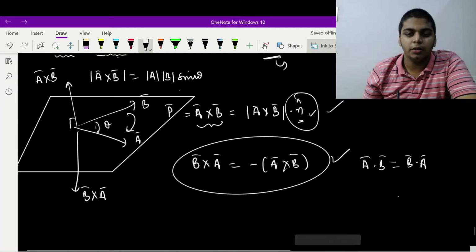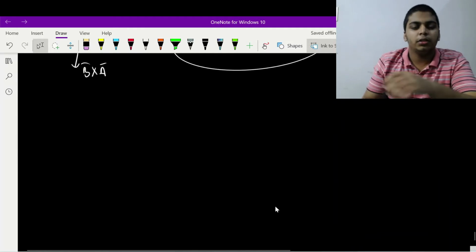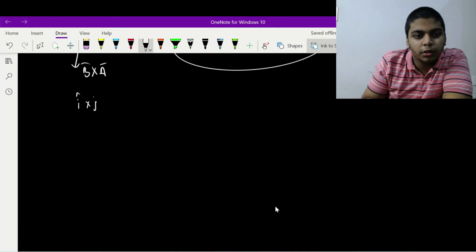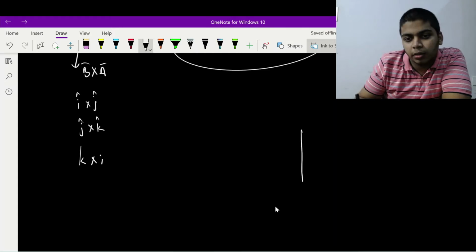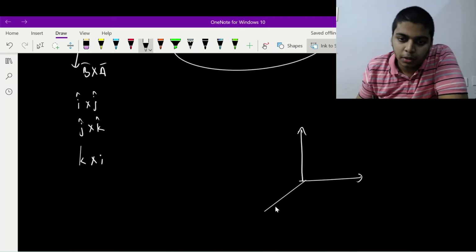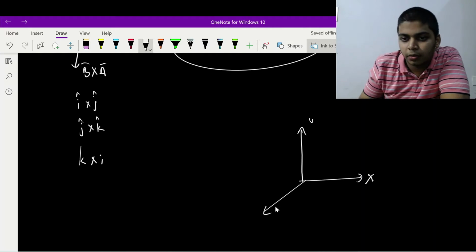Now let us look into some of the properties of your 3D coordinate system. Let us try i cross j, j cross k, and k cross i. Take your 3D Cartesian plane, where this is your x, this is your y and this is your z.